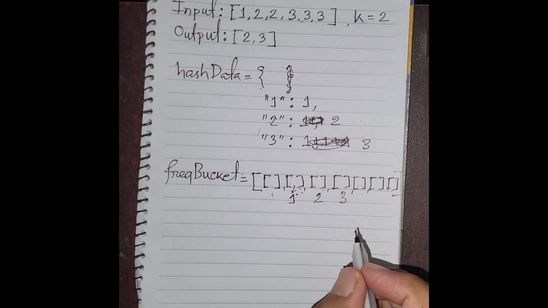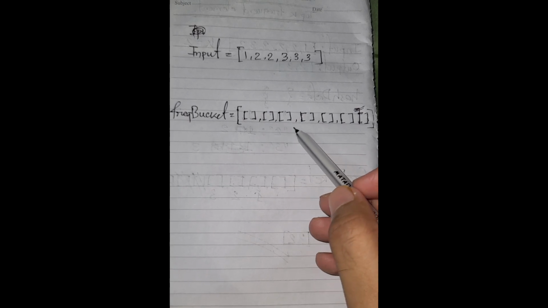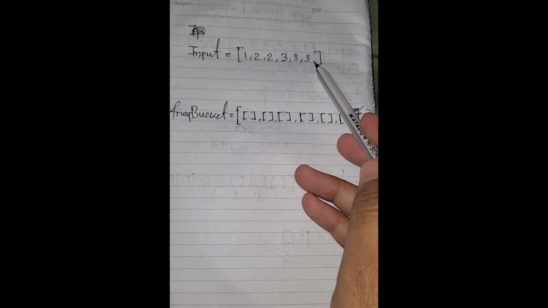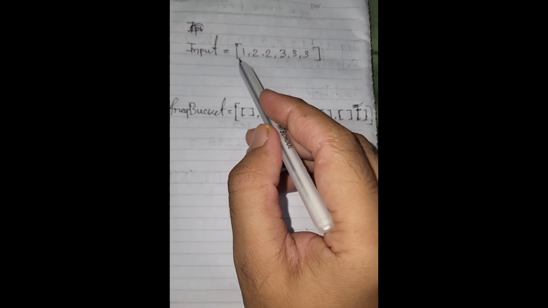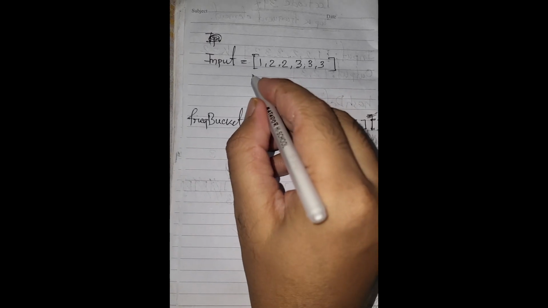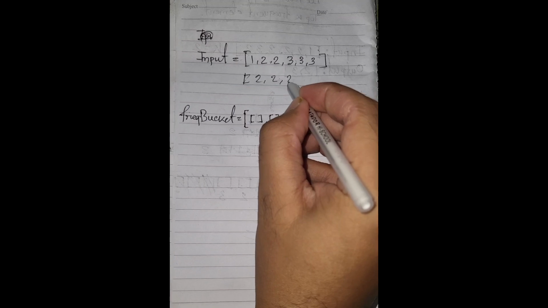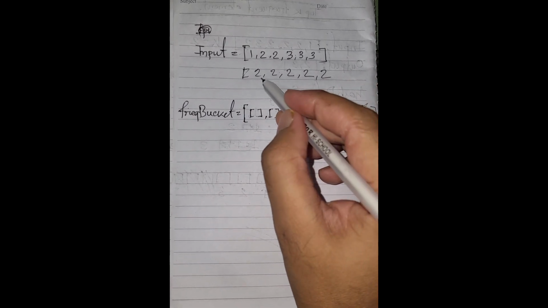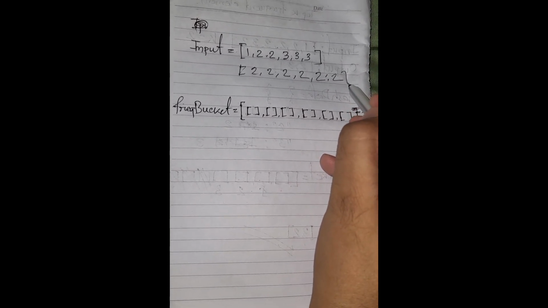Okay, great. Let me quickly show you why I am taking 7 empty arrays right here, although I have only 6 inputs, right? The reason for that is, what if in my input array I had the same values? Let's say I have only 2, and I have it like 6 times like this.